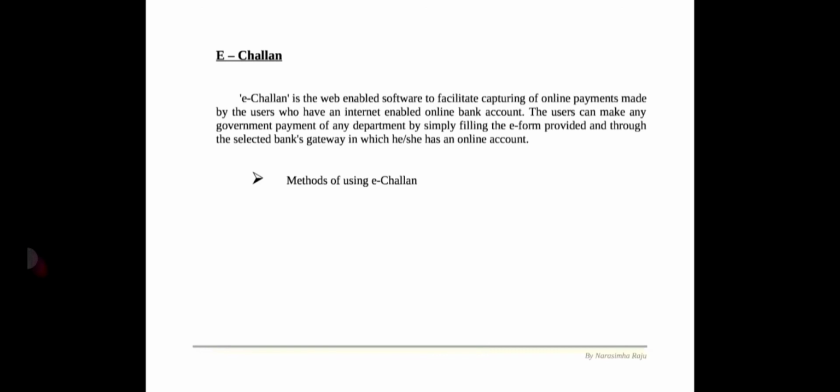Since we are talking about payment through eChalana, for making it we need to make payment via either internet banking or through a manual process, that is by visiting the nearest CBS branch of State Bank of India. The methods of using eChalana can be discussed as follows.